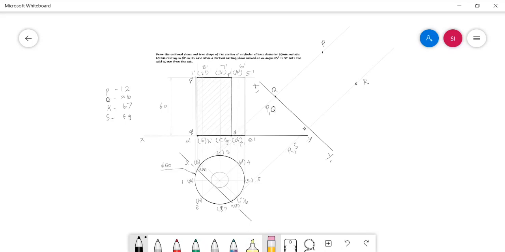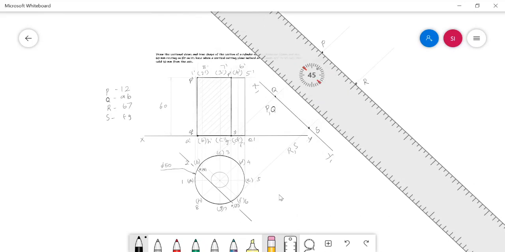So here also I need to mark the point S in its projector on x1 y1. This is point S. And now first I have to connect all the cut points with straight lines with the HB pencil.